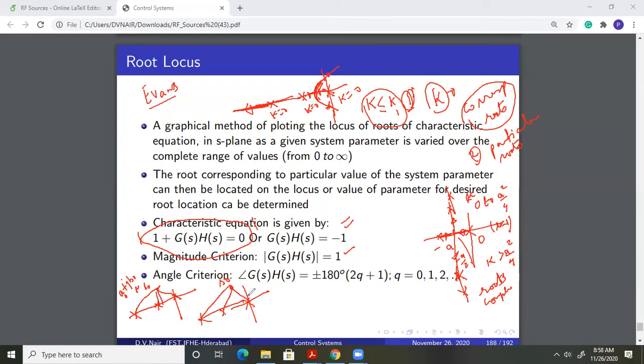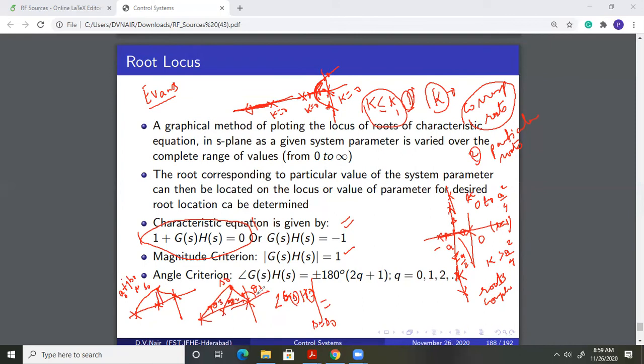So I will find out the angle subtended by these poles and zeros at the point of interest S naught. And let us say this angle is theta 1, this angle is theta 2, this angle is what? Theta 3. Then in this case, what will be the angle of GSHS at S equal to S naught?